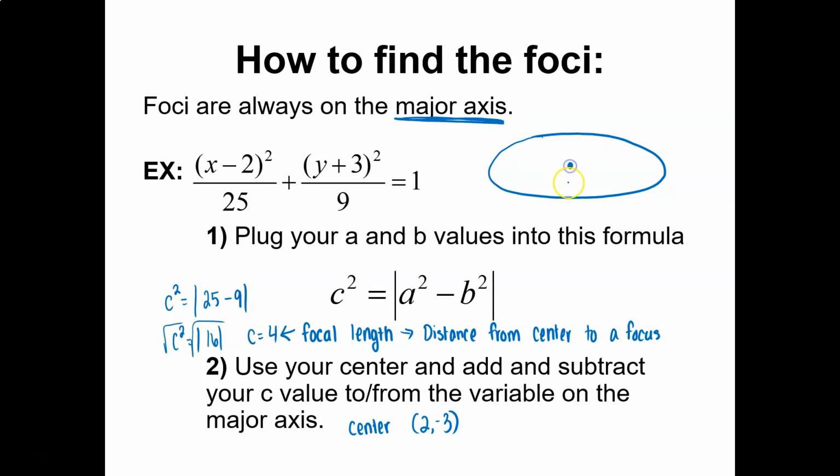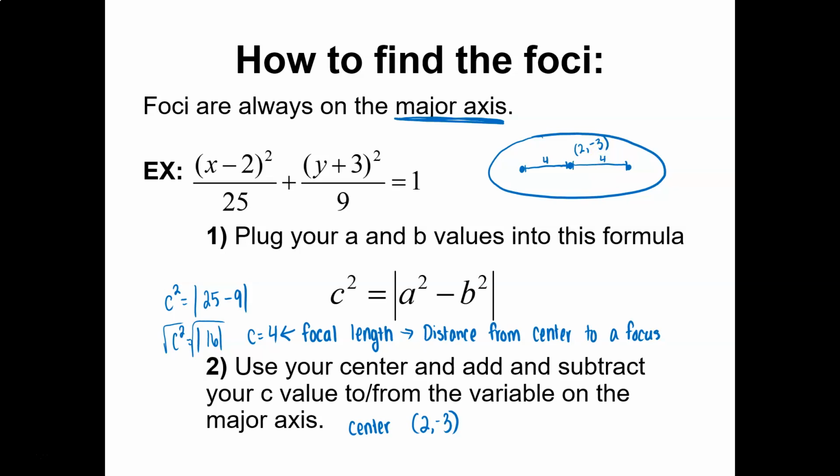I know that the center right here is at 2, -3. And I also know that the foci have to be on the major axis. So that means they're going to be right here and right here, to the left and the right on this problem. And I just found 4 as my focal length. So this would be a distance of 4, and this would be a distance of 4.